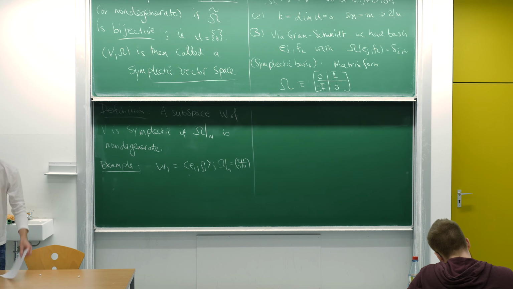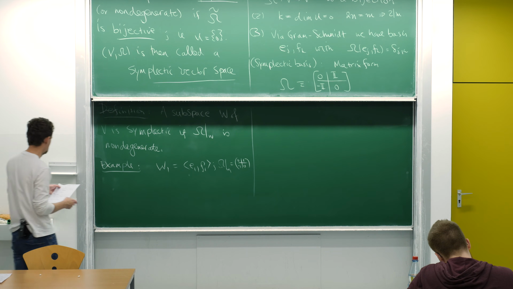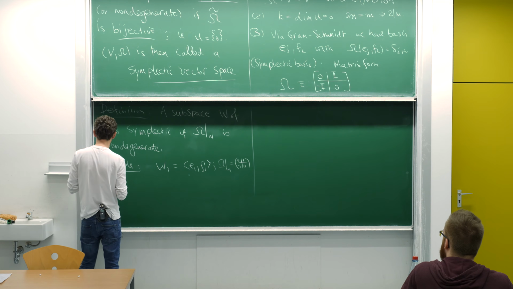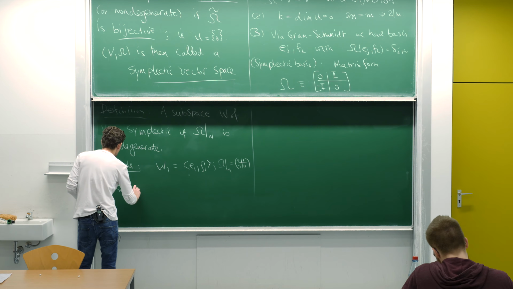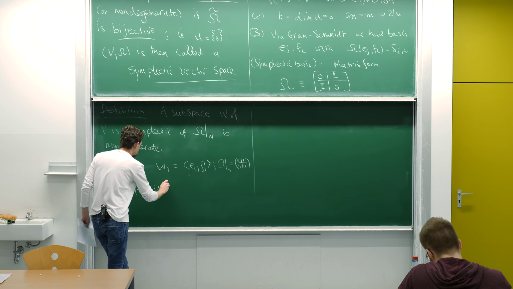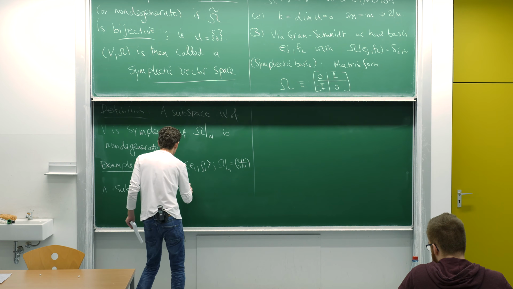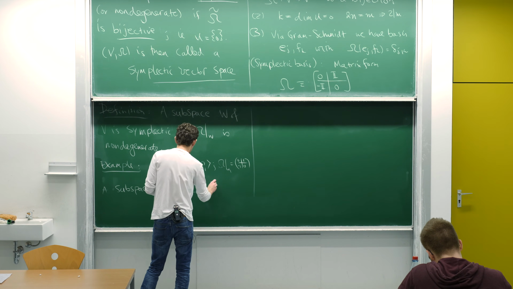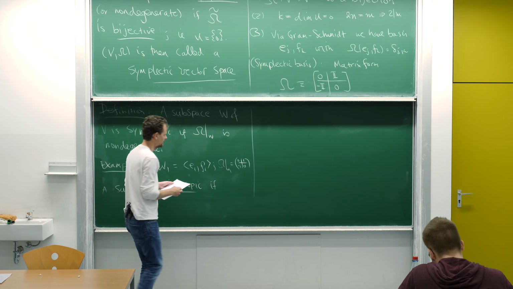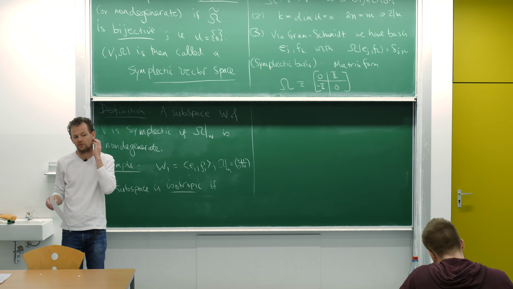But there are other subspaces that are also in their own right quite nice. And those are subspaces, for example, where the symplectic form completely vanishes.